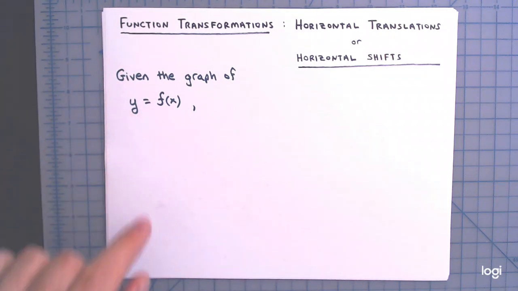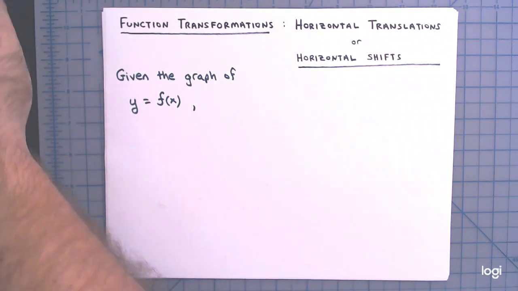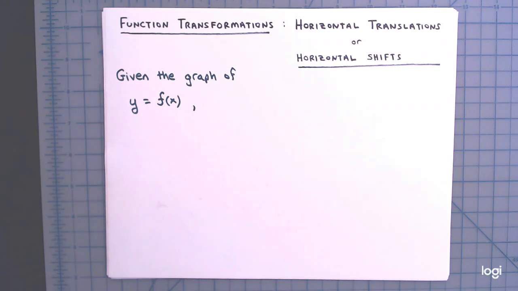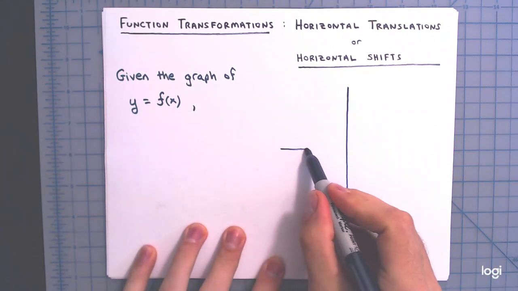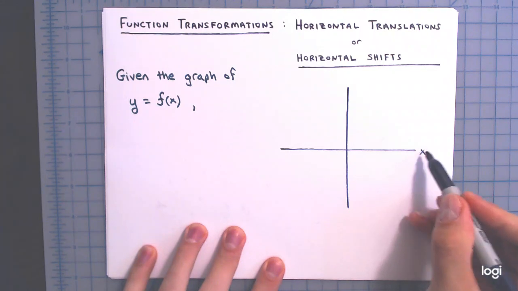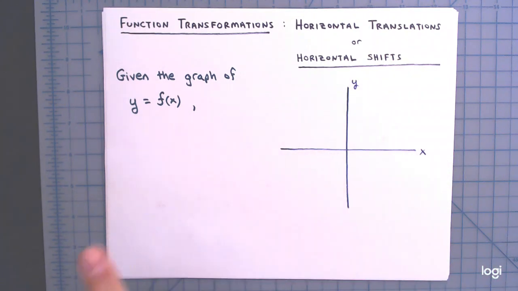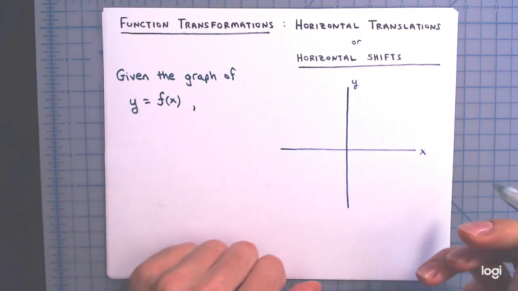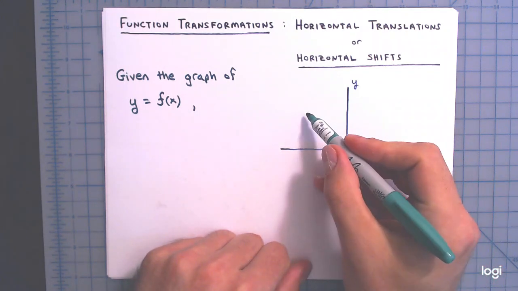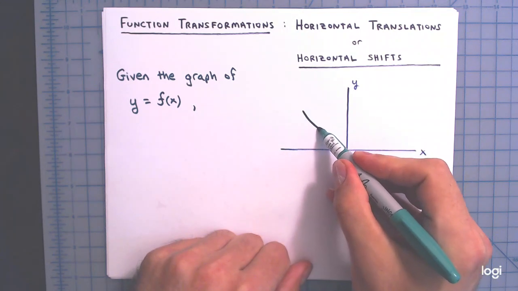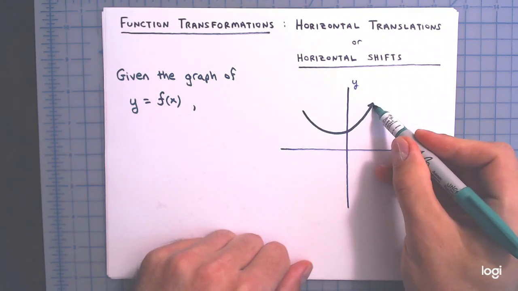Well, what we can do is take the graph of this. I'm going to put up a little makeshift coordinate plane off to the side. Suppose this is the xy coordinate plane, and I'll put in green the graph of some function, a little smiley, a little parabola looking shape.